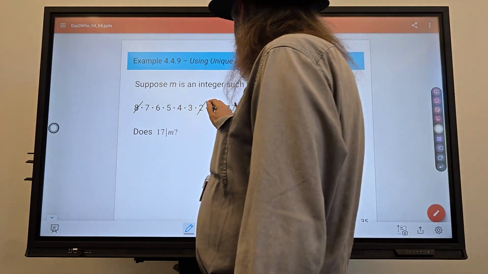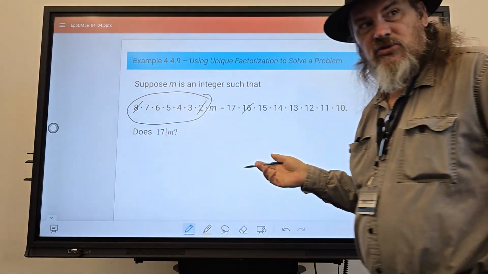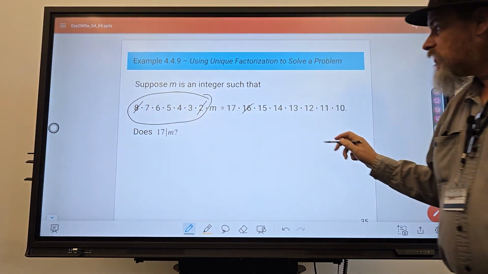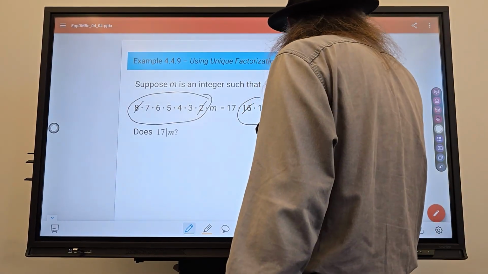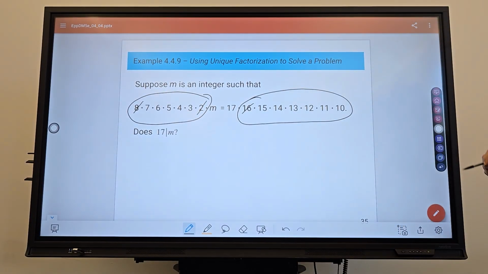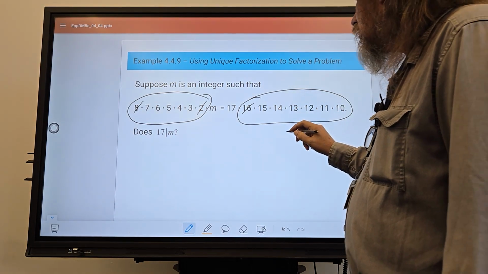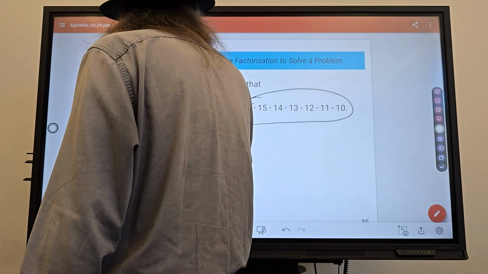This is some integer because it's a product of integers, right? This is some integer. Yeah, you'd have to divide this side. Let's see here.